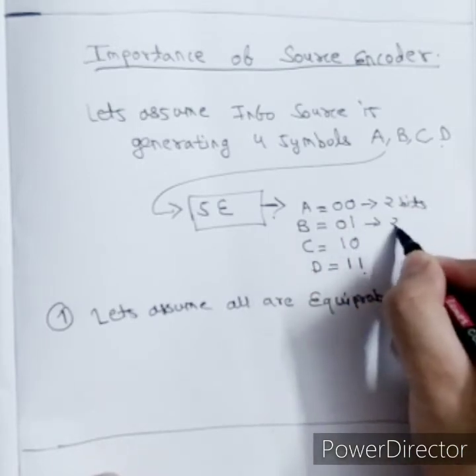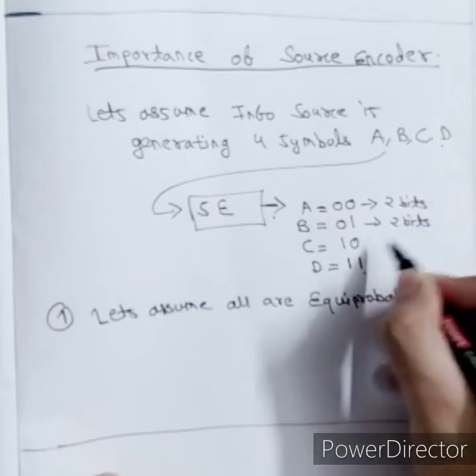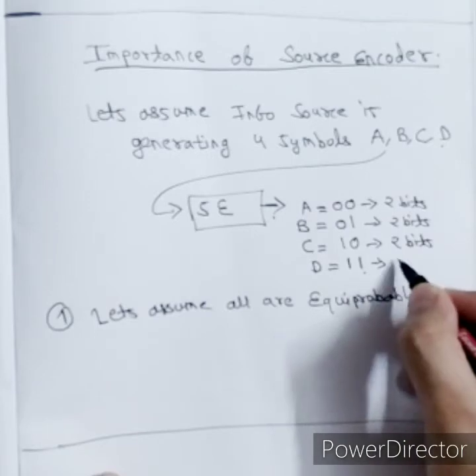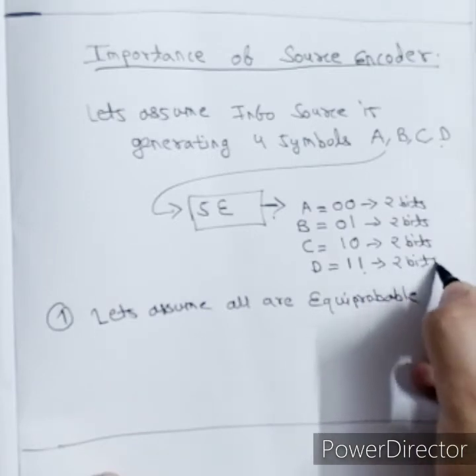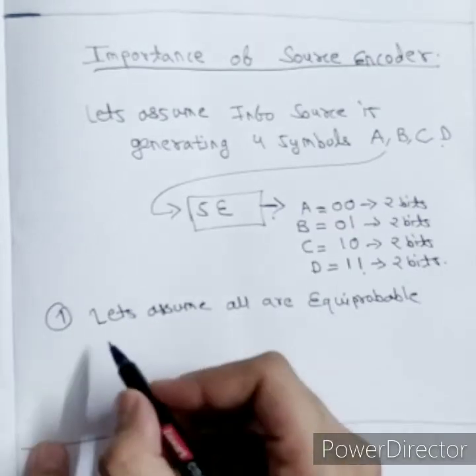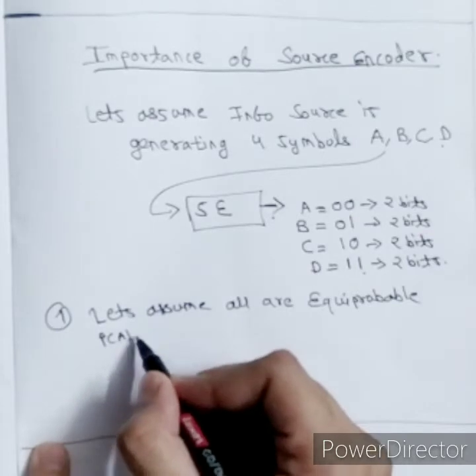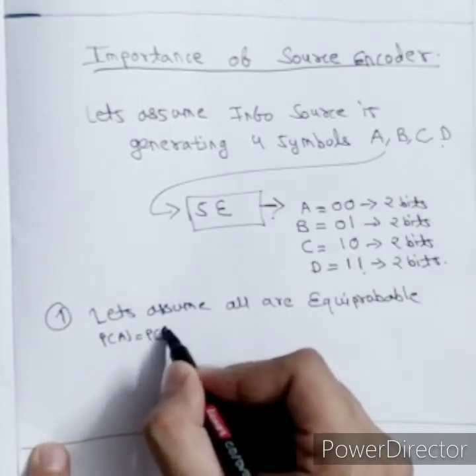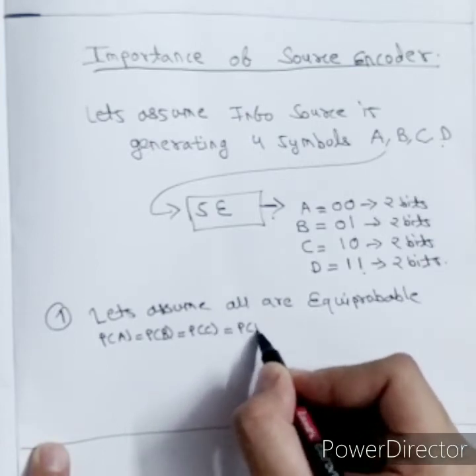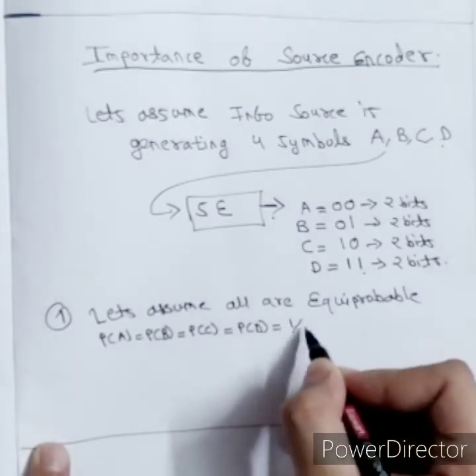Here also 2 bits, here also 2 bits, here also 2 bits. Now if all the symbols are equiprobable, then probability of A equals probability of B equals probability of C equals probability of D equals 1/4.